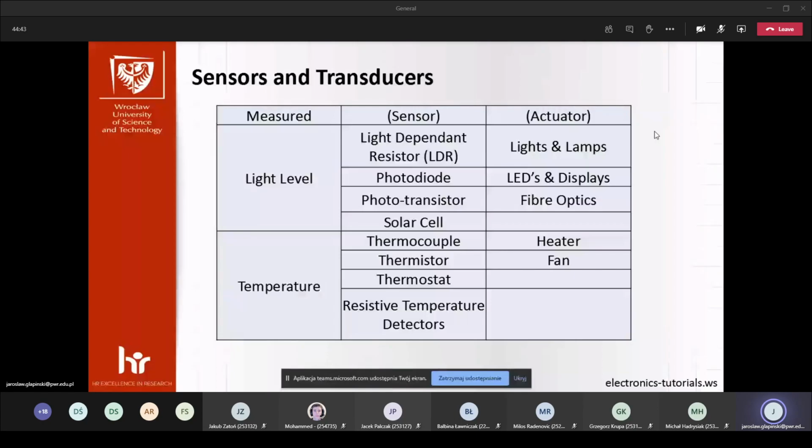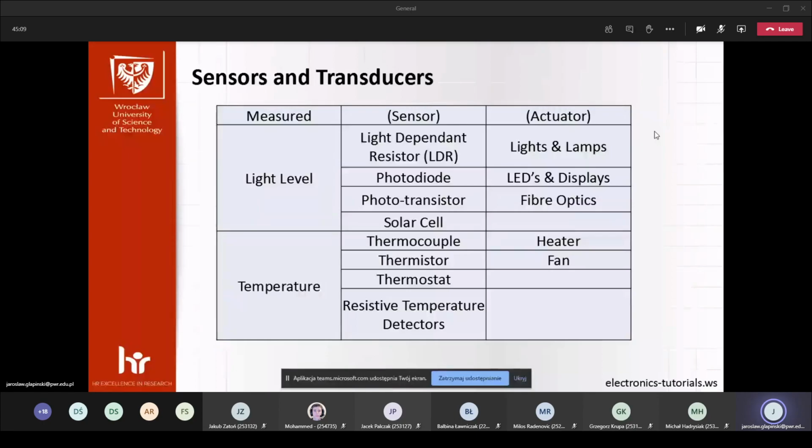We can use a light-dependent resistor, photodiode, phototransistor, or solar cell. These parts are the sensors. And as actuators, we can use lights, a lamp, LEDs, display, fiber optic. So these are examples of actuators for light.